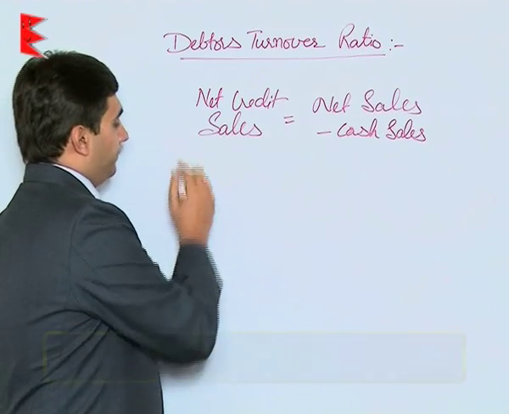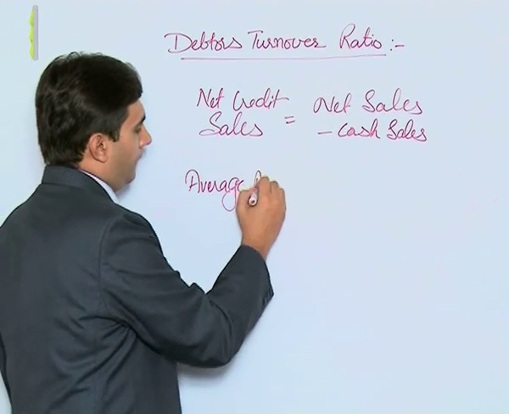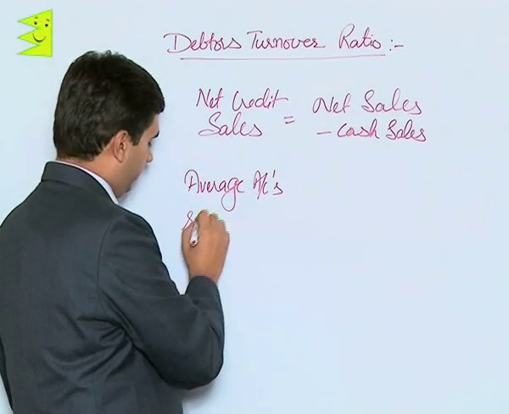Then students, the denominator was average accounts receivable.